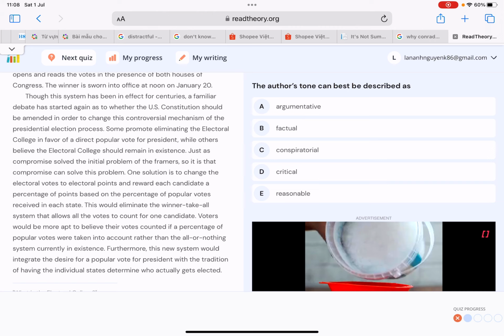Voters could be more apt to believe that votes counted if a percentage of popular votes were taken into account, rather than the all-or-nothing system currently in existence. Furthermore, this new system would integrate the desire for a popular vote for president with the tradition of having the individual states determine who actually gets elected.